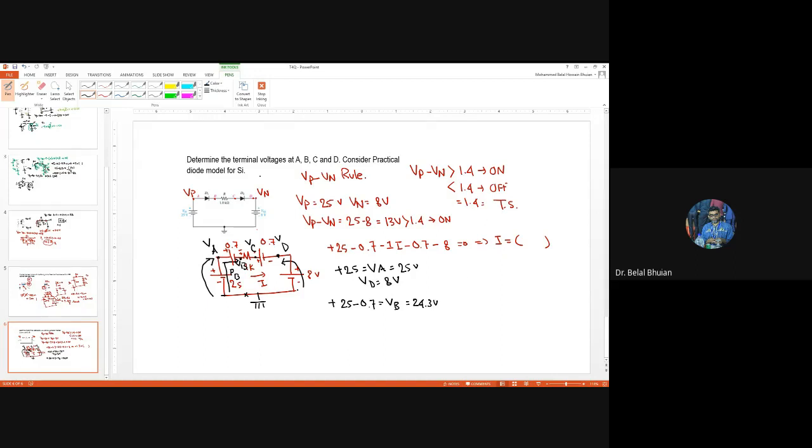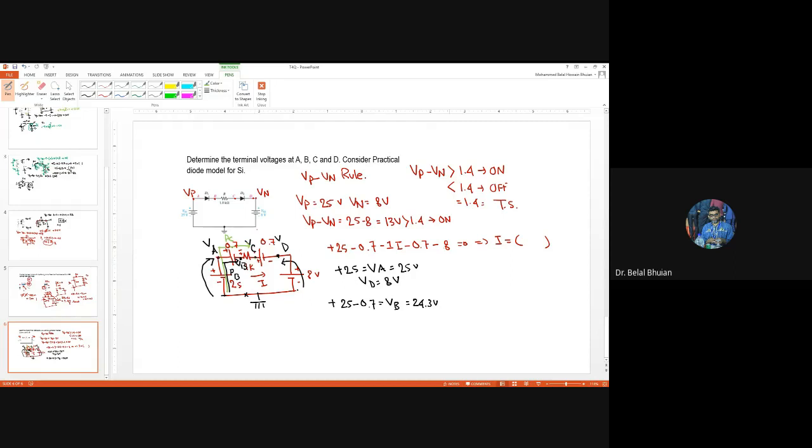And then let's say we want to determine VC. For that, what do I have to do? I'm going to take the path, let's call it PC. Starting from ground, I have to go till that point.